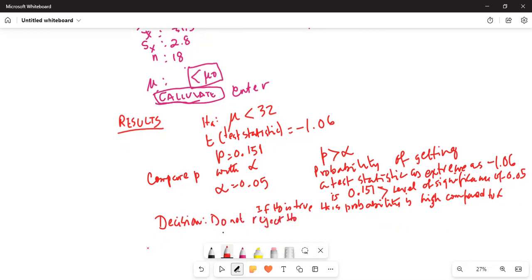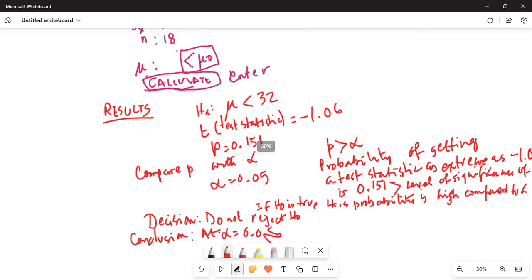And what is my conclusion? Conclusion is at alpha equal to 0.05, do not reject H0.